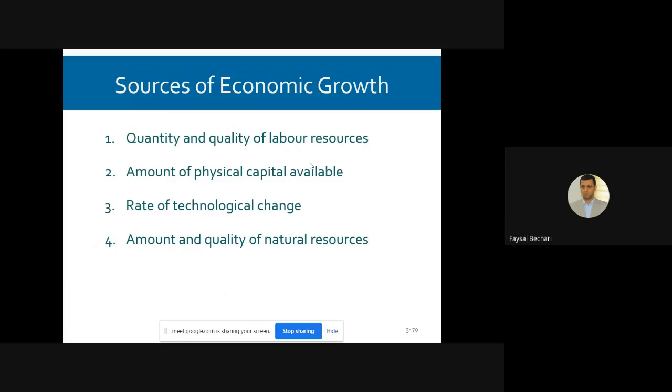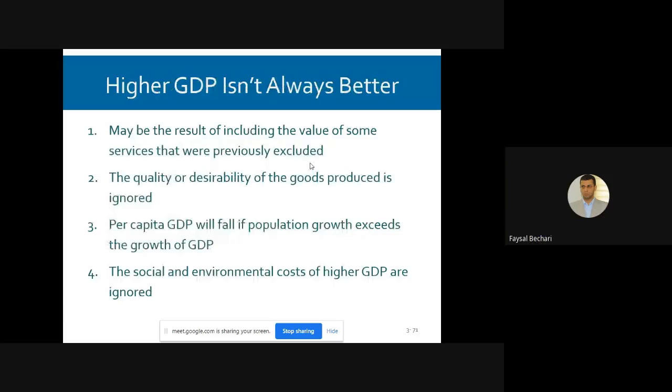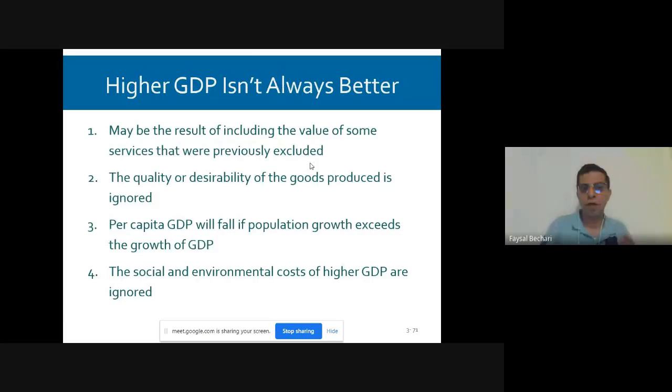Higher GDP isn't always better. Sometimes lower GDP can be more beneficial for growth. Maybe it is the result of including the value of some services that were previously excluded. So sometimes you have GDP growth, but suddenly those services get included.